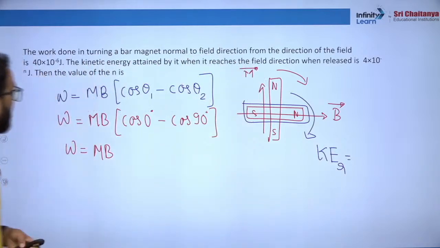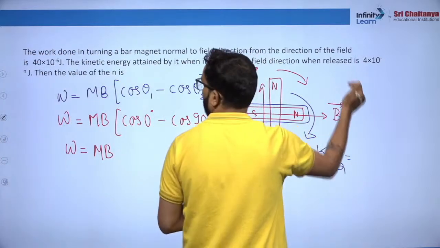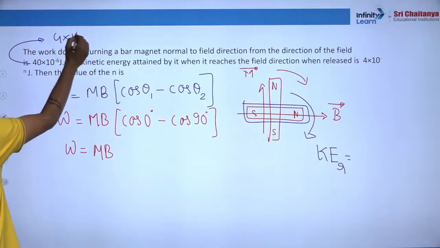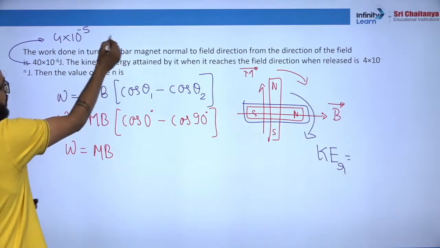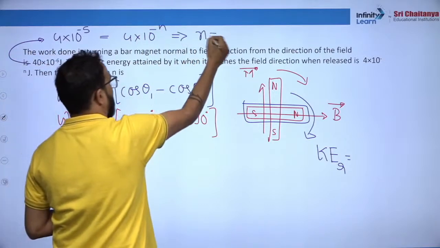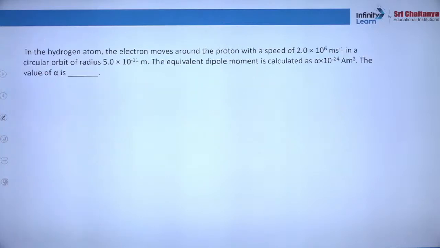Do you understand? So the answer will be the same, 40 into 10 to the power minus 6 joules, which means 4 into 10 to the power minus 5. So your answer n is 5. Very lame question, very lame question.